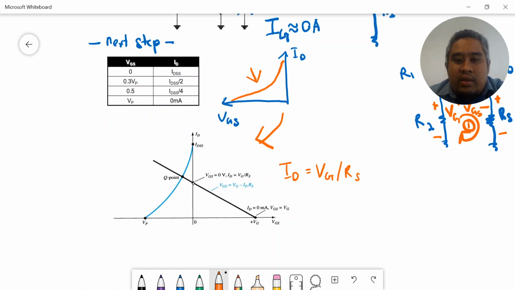After that, we draw this straight line, the black one. Then we find this intersection. So this one is our ID and this one is our VGS, actually the IDQ and VGSQ.